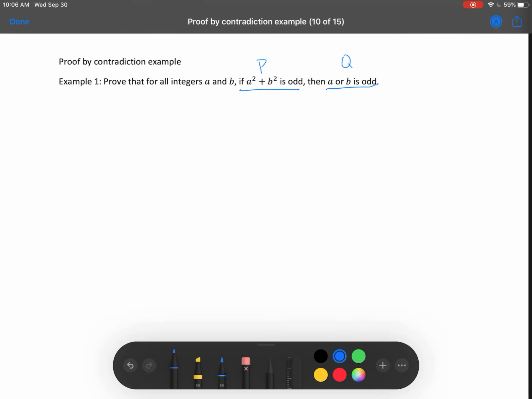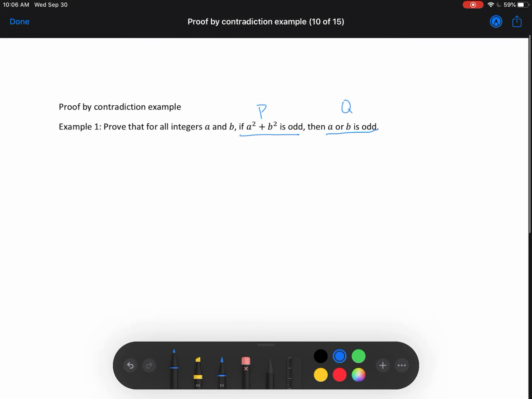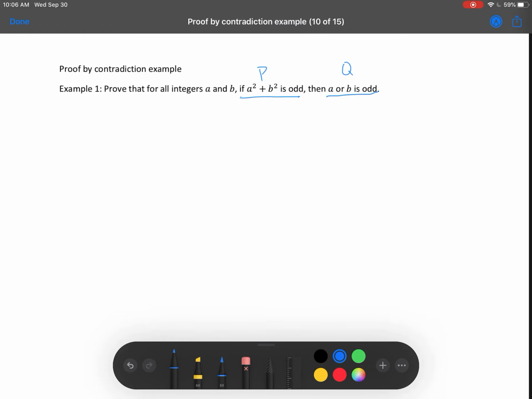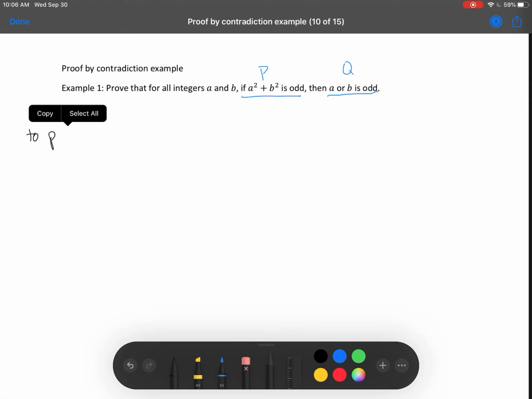All right, so here I'm just going to talk through the reasoning and the content of the proof, and then you can see the notes below for the final write-up. To prove by contradiction, we get to assume two things.